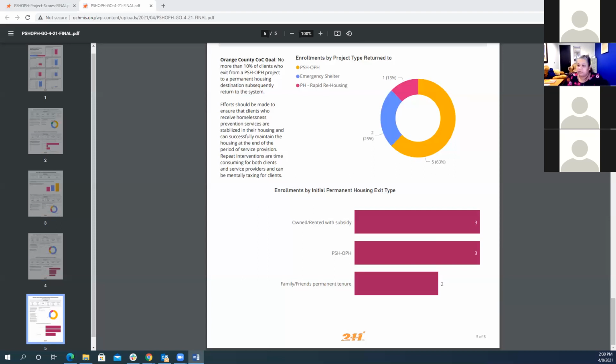Oh, and if you guys weren't on the user meeting yesterday or the last COC board meeting, we're working on an agency access policy as well as a minimum participation requirements policy. The minimum participation requirements is to make sure that users are accessing HMIS and putting in their data.